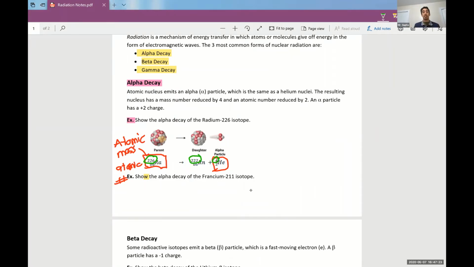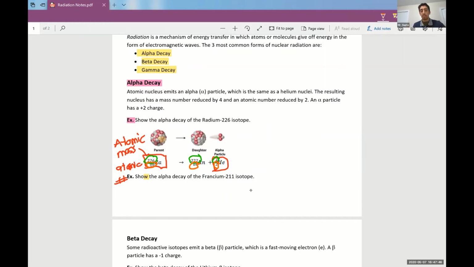If you add them together, you get 226. We can do the same thing with the proton number. We have 88 in the radium. And on the daughters, you have 86 plus 2, which is also 88. So that's how you do alpha decay.